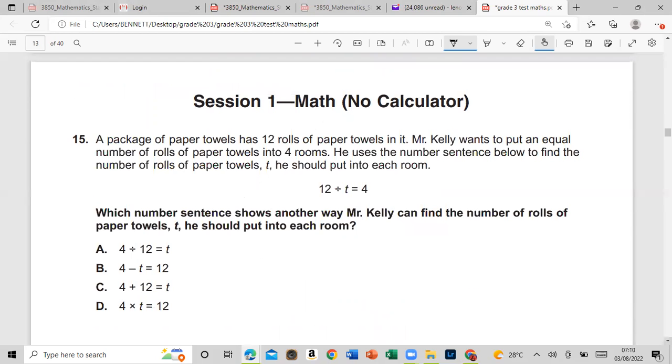All right, let's move on to number 15. Going very fast. A package of paper towels has 12 rolls of paper towels in it. So one package of 12. All right. Mr. Kelly wants to put an equal number of rolls of paper towels into 4 rooms.